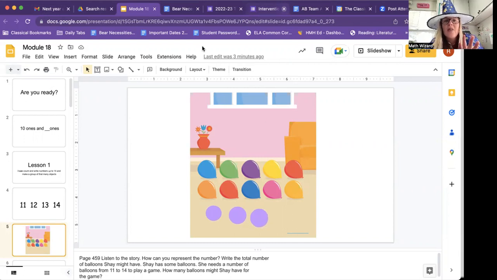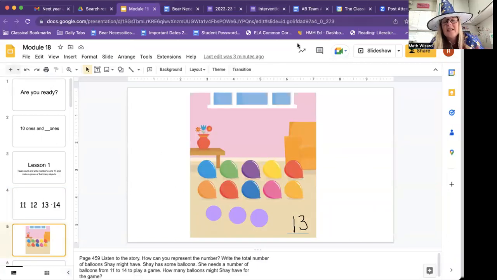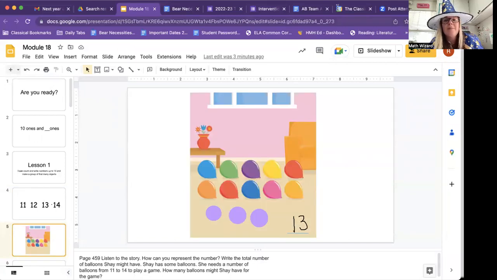That's where I'm going to stop. 13 balloons is how many she has. I'm going to write the number 13. 1, 3. All right. Is that number between 11 and 14? It is. It's right here. 13. Okay. All right. So that's what I did. You don't have to do 13. You could do 11 or 12 or 14. You can take your pick.